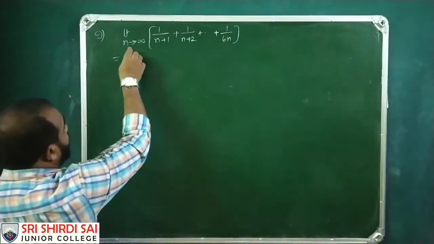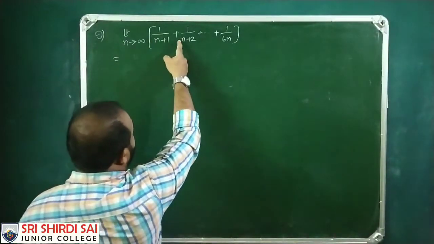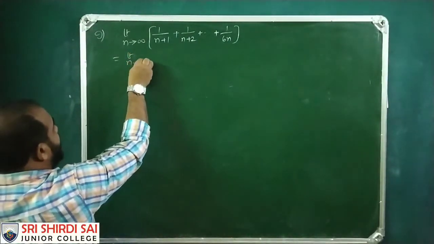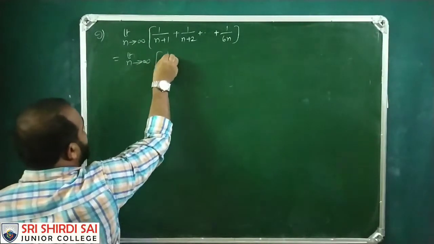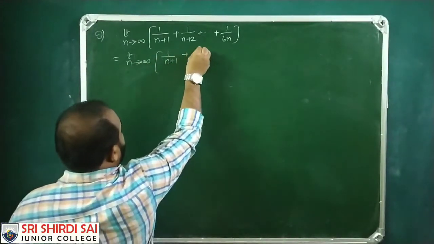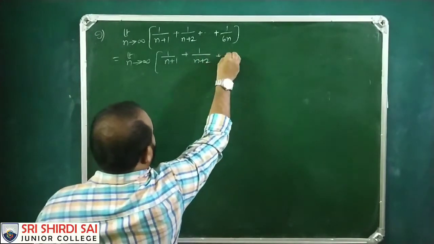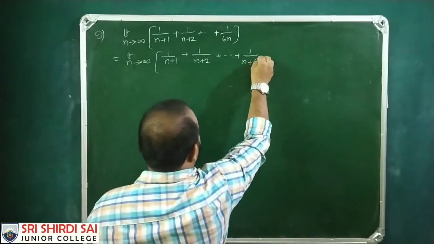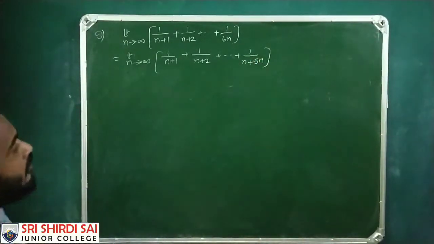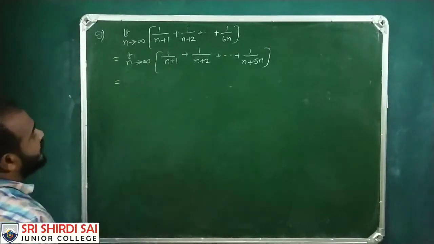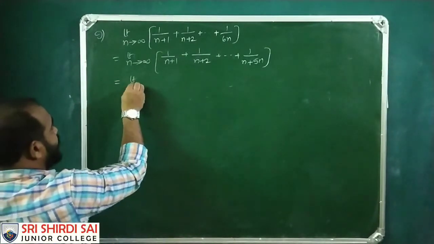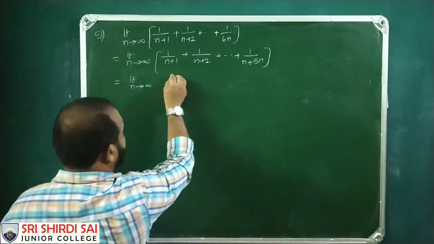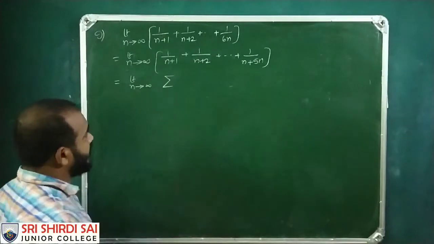Now, limit n tends to infinity, 1 by (n plus 1) plus 1 by (n plus 2) plus etc. plus 1 by 6n. Let us write it in standard form: 1 by (n plus 1), 1 by (n plus 2), etc., plus 1 by 6n can be written as 1 by (n plus 5n). So this is equal to limit n tends to infinity sigma, since this is the summation of a series, I can replace it with sigma notation.